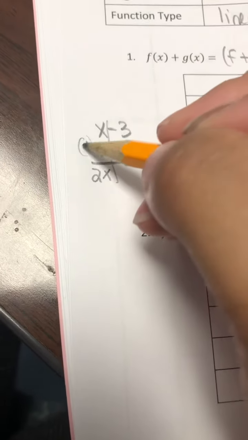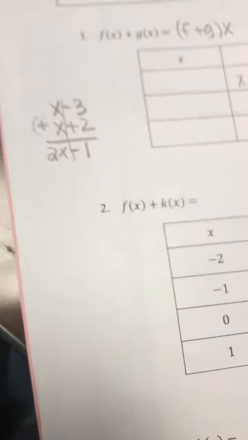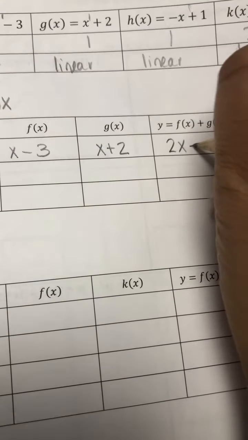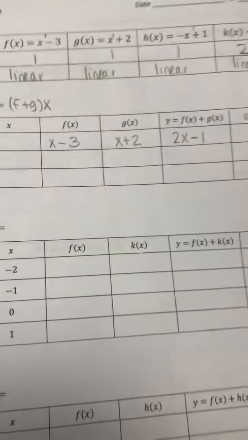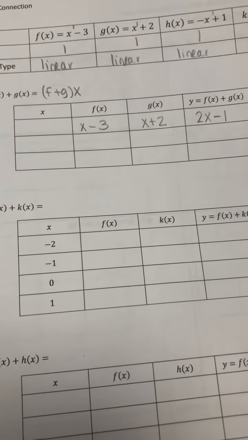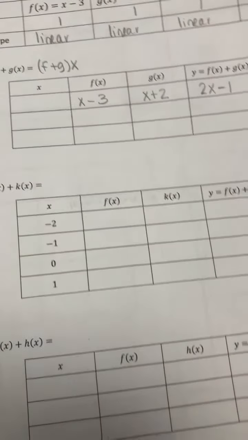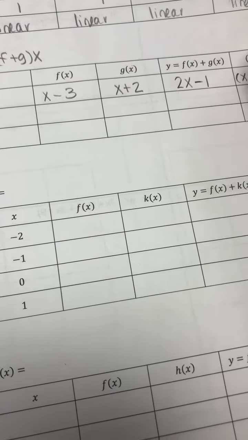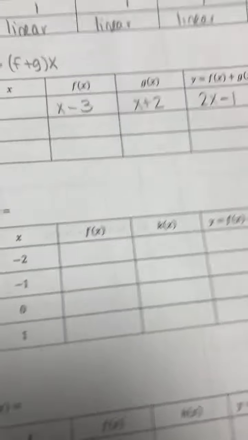And then negative 3 plus 2 is a negative 1. So when we add them together, it's 2x minus 1. You could write it as f plus g of x equals 2x minus 1 if you want.